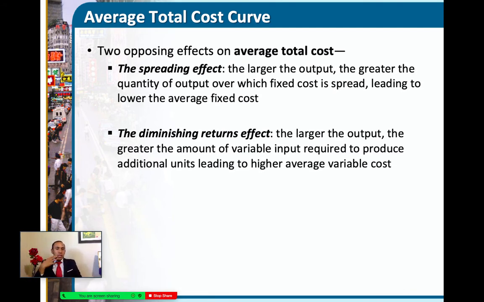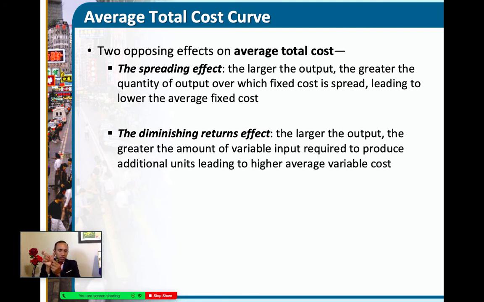The first reason why it has the downward sloping shape at first is the spreading effect. The average total cost curve falls as you produce more output from 1 to 3. You can produce more output and your fixed cost declines on average. So it leads to the decline of the curve due to the lower average fixed cost.